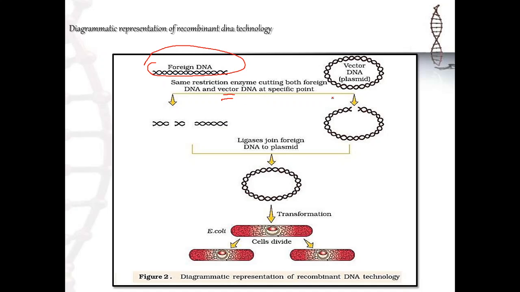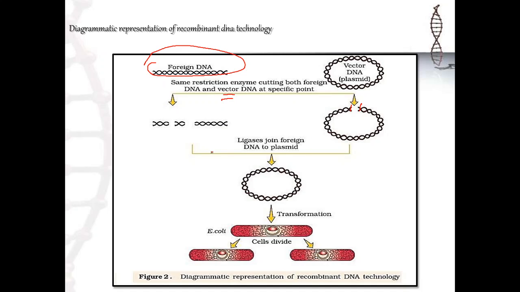When we talk about the vector DNA, we are talking about the plasmid. The same restriction enzyme cuts both at a specific point in the nucleotides. So we have the vector DNA, or the plasmid, and it is cut at a portion using the restriction enzyme.